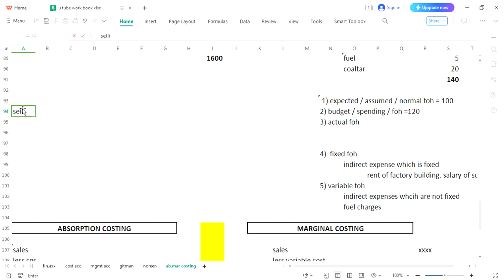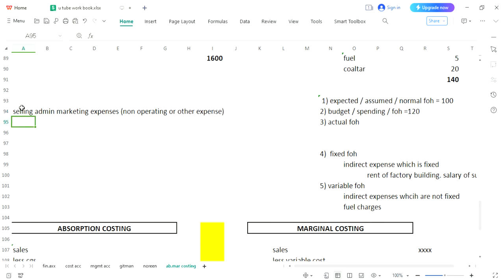Selling, admin, marketing expenses are actually called non-operating or other expenses.